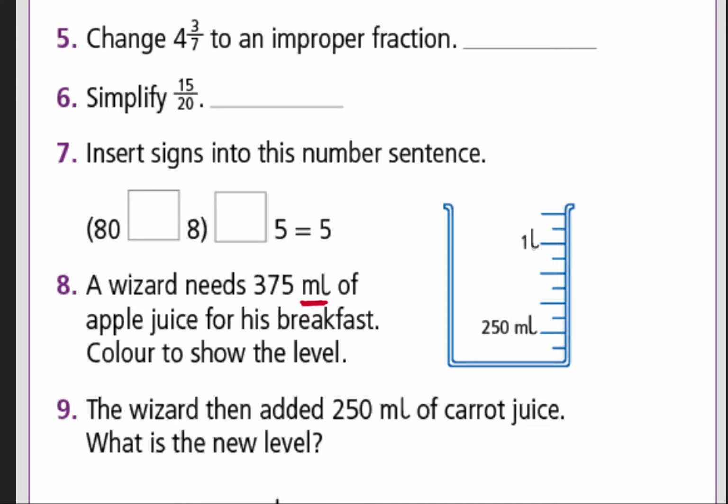Now, not everything is marked on this here. We have 250 mil here. And if we think about that, what is this one here? Okay, if we say this is 0 down at the bottom when it's empty, and this here is 250, well, this one is halfway between them.